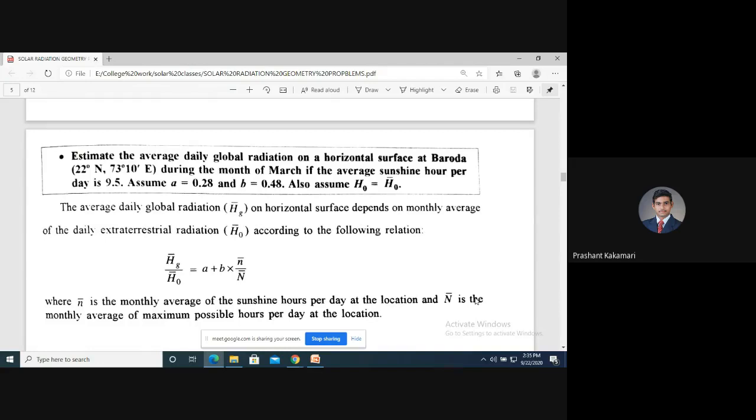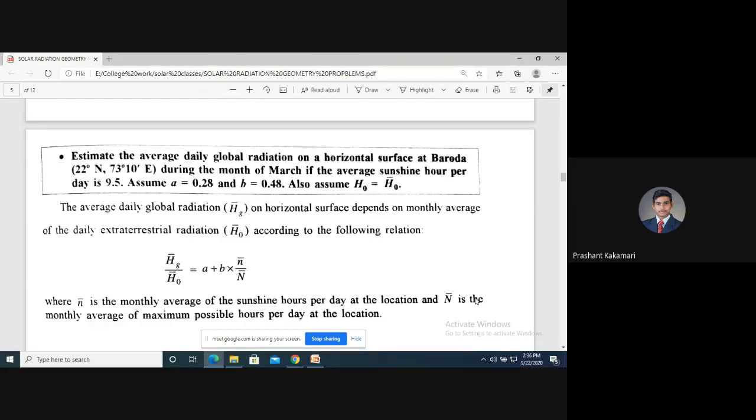Hg denotes global, meaning it is the sum of beam and diffuse radiation. All together they are calling it monthly average, or generally average daily global radiation. So it is nothing but Hg, and in the assumption they have given H naught, you can consider it as H naught bar. So I'll consider this whole equation for the monthly average, not for the daily average. I hope the point is clear.